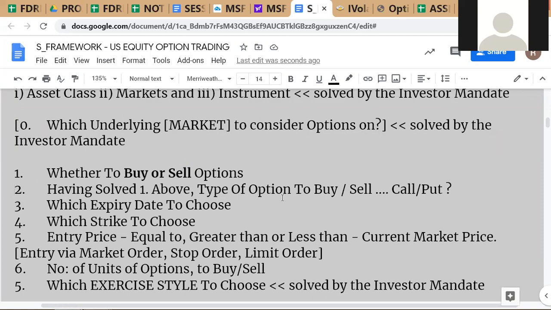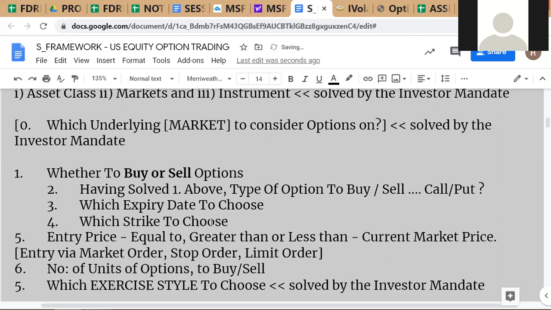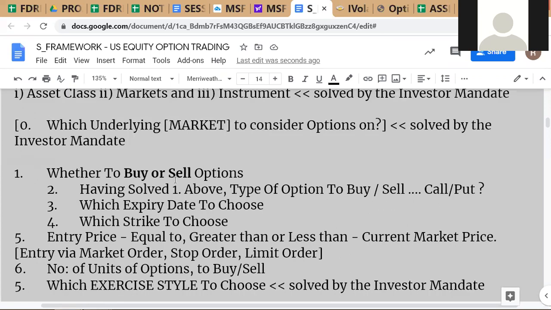In fact, I've listed it like this, so it's okay, but you can also list it as 1.1 because having solved one above, maybe I can indent it a little bit. So 2, 3, 4 actually are kind of connected to one. There are sub problems under one. When you decide whether to buy or sell, you take this decision.